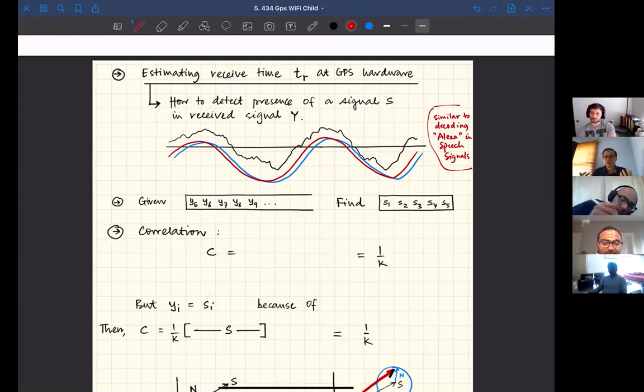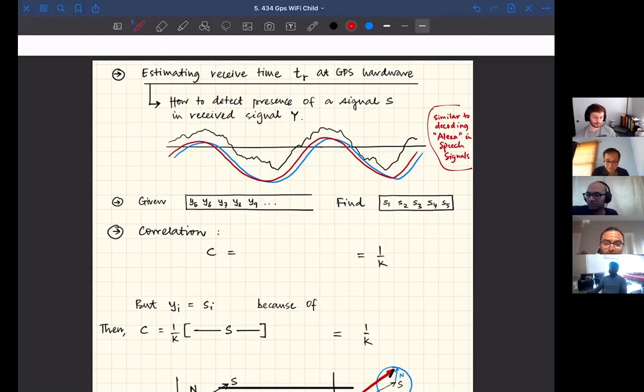Right? So GPS has a stronger requirement, which is I need to detect if the satellite signal is there, or if this particular satellite is now within my reach, can I hear from it, which is like detecting Alexa. So imagine one satellite saying Alexa, another satellite saying Siri, another satellite saying Cortana, and your job is to figure out which satellite am I hearing.